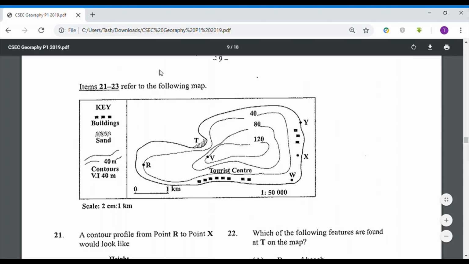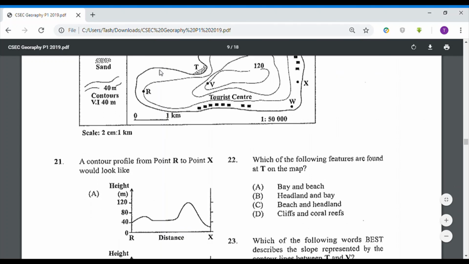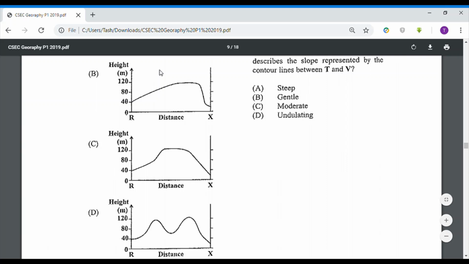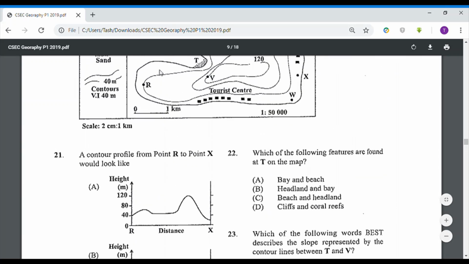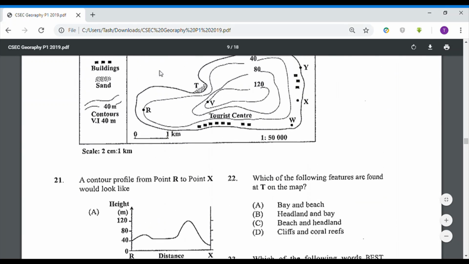Number 21 refers to the following map. A contour profile from point R to point X would look like, and then you're supposed to select one. There they are. So point R to point X would have been right across here.